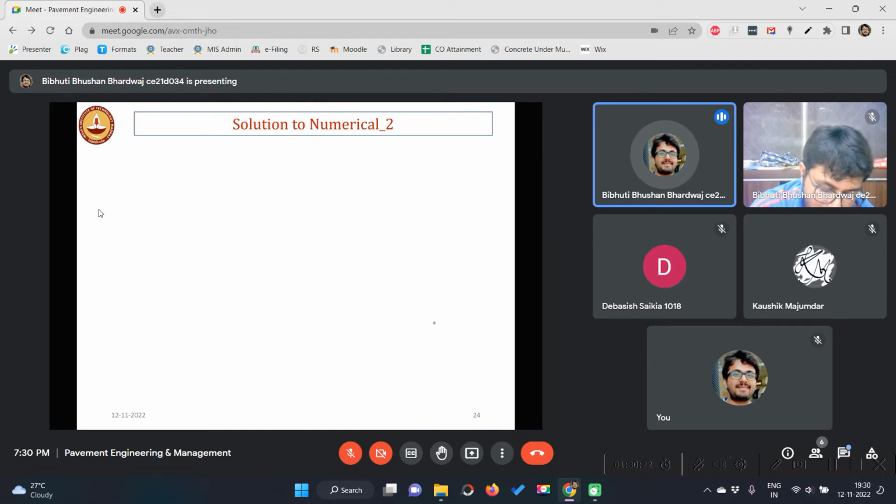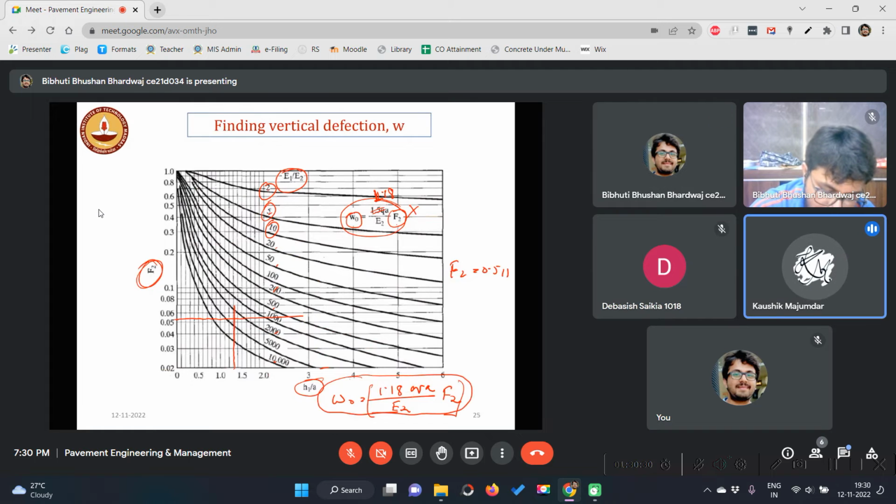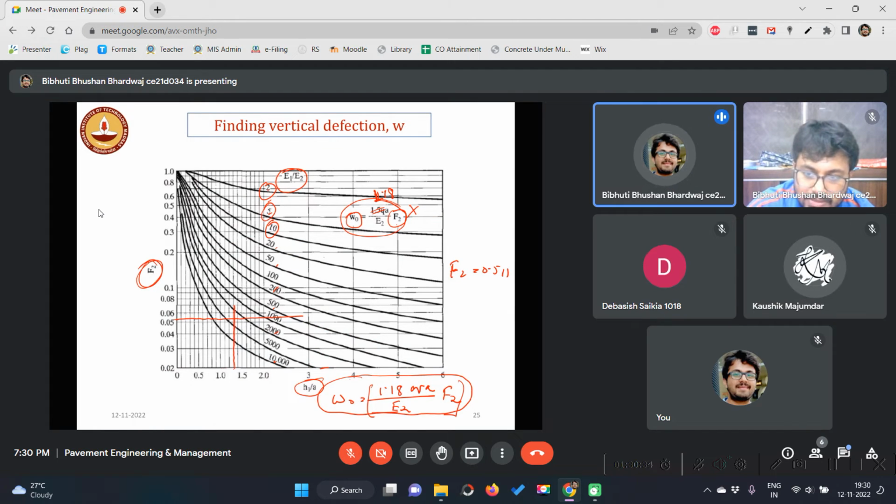This is 1.18. Okay. Use this formula, not this. Sir, Q was found out as 1666 psi. Is it right, sir? No, Q is 176.8. How did you find that Q?